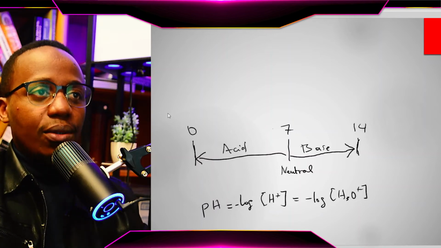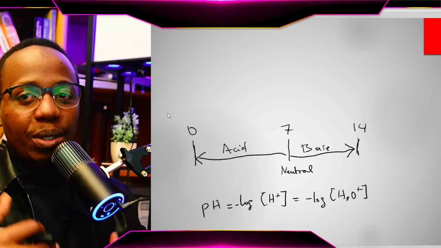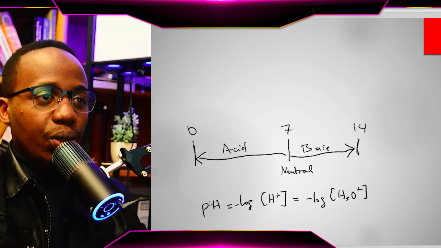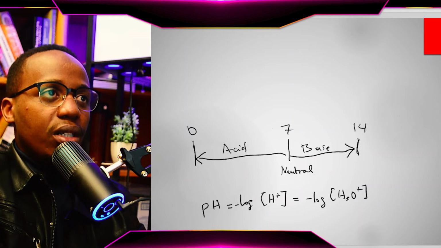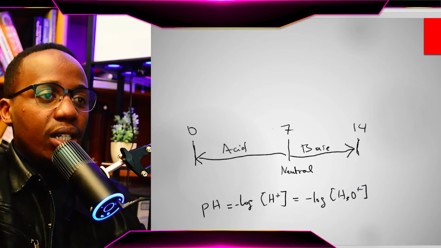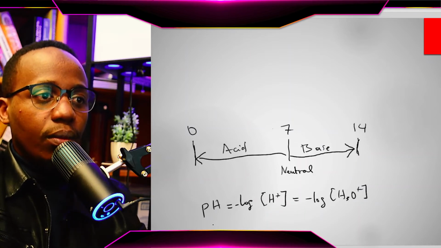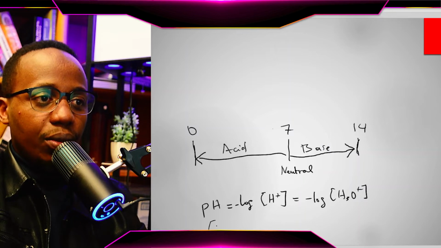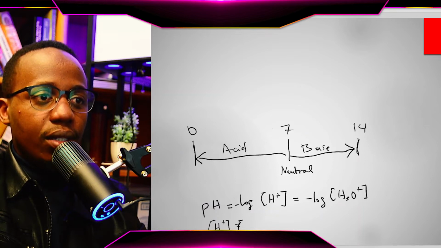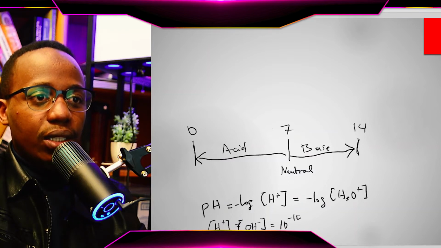Now, another one. We're going to build up the pH formulas as we go. So you have this formula that's really important. Another formula that's important is the one that we looked at earlier, where the H plus concentration times the OH minus concentration is equal to 10 to the negative 14.